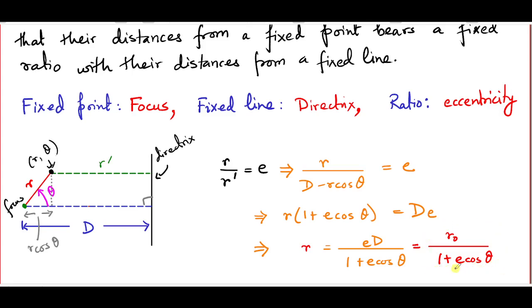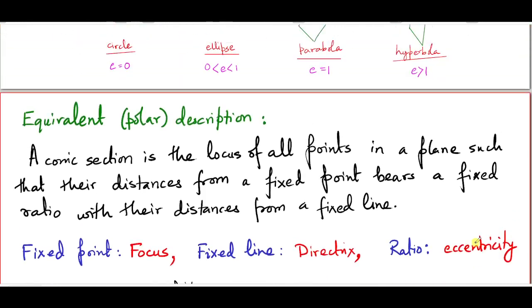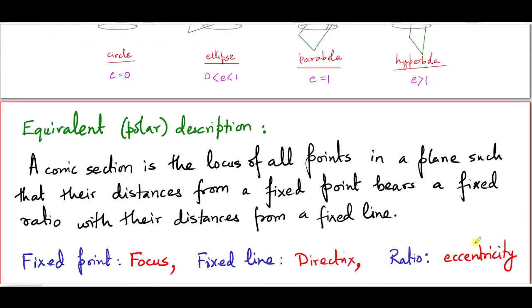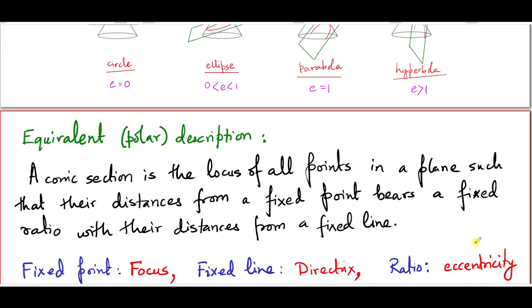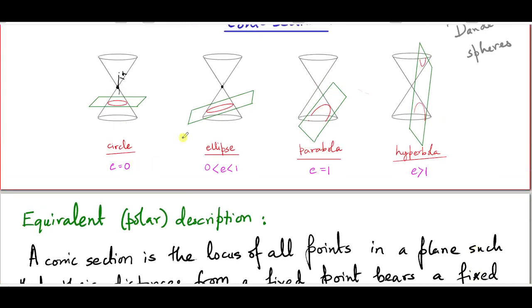Note that although a direct proof of this definition being equivalent to the section of a cone by a plane definition for conic sections is a non-trivial one, as we have already mentioned, the way in which we have established all this should tell you that the two definitions are indeed equivalent.